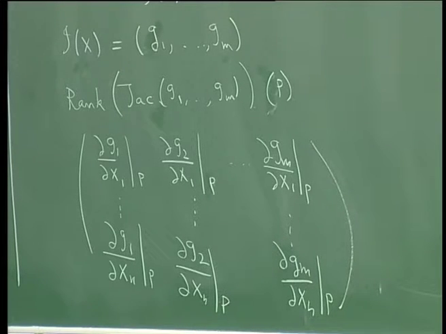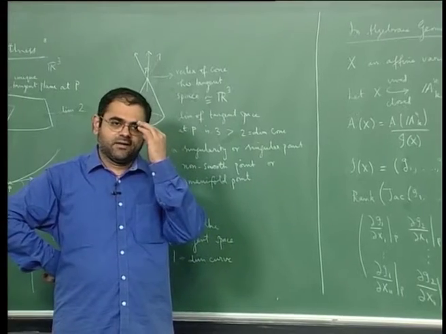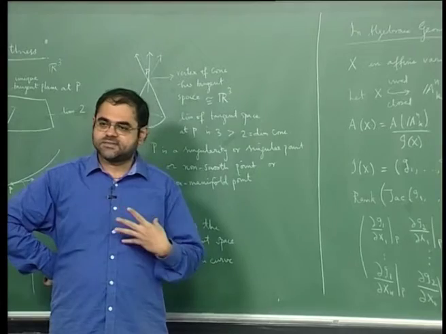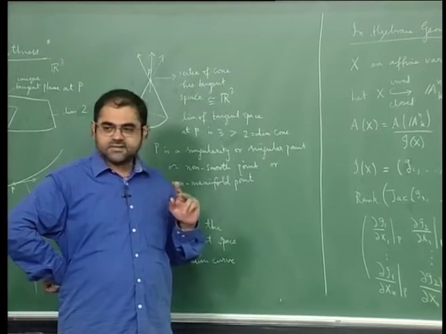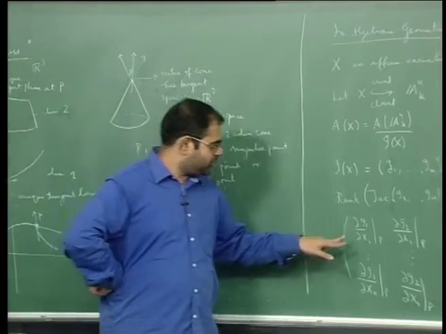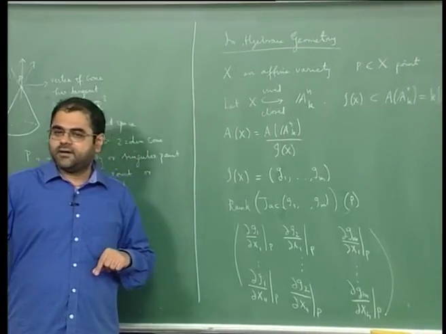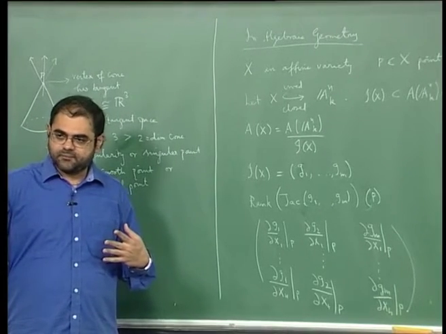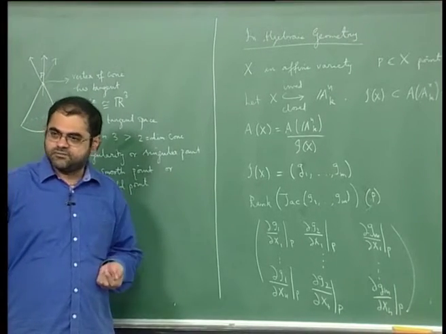Now mind you, when I say partial derivative, you do not have to think of derivative in the sense of calculus, because that requires a limiting process. Think of it as a formal derivative, because you can take any polynomial in many variables and define the derivative using the usual formal rules of differentiation.